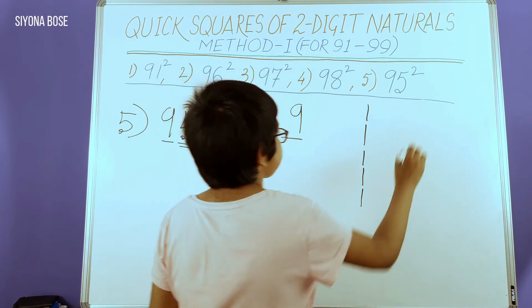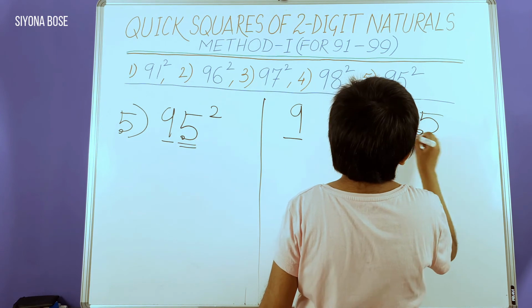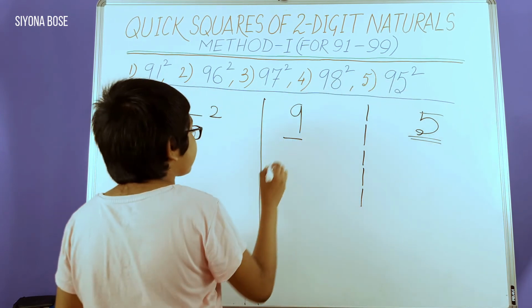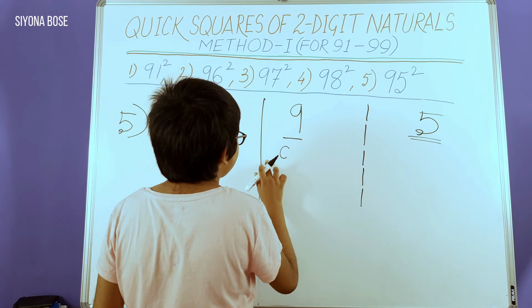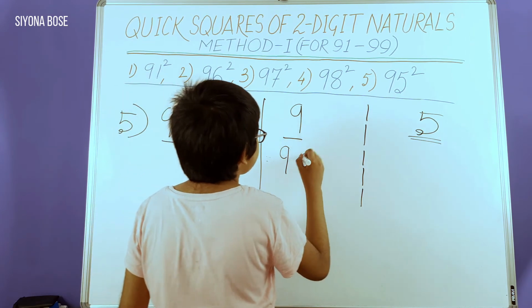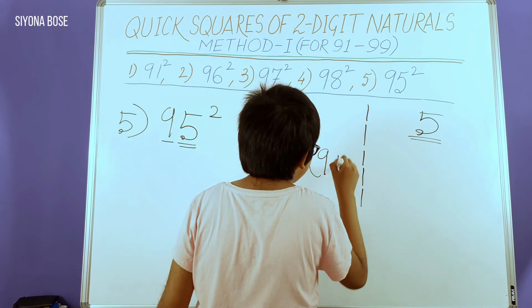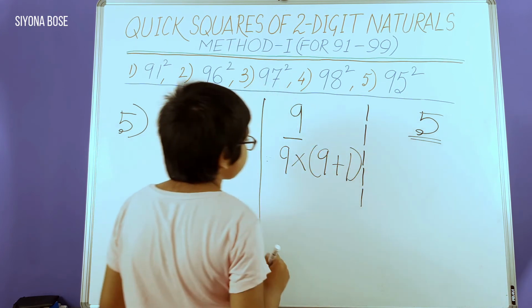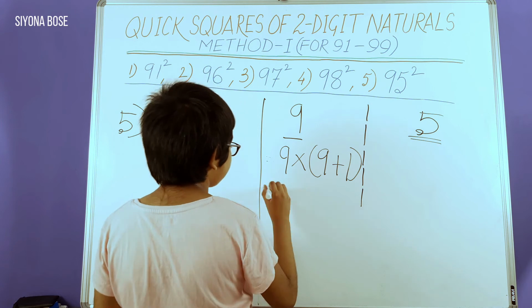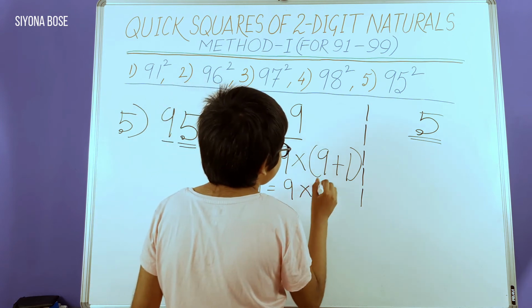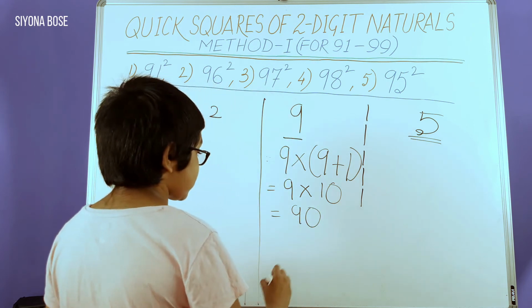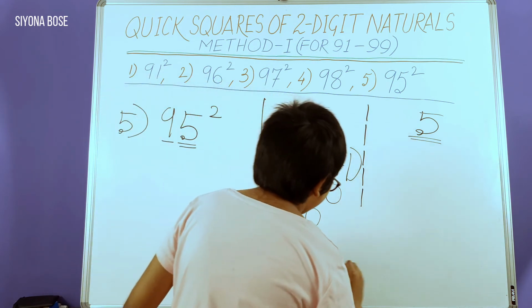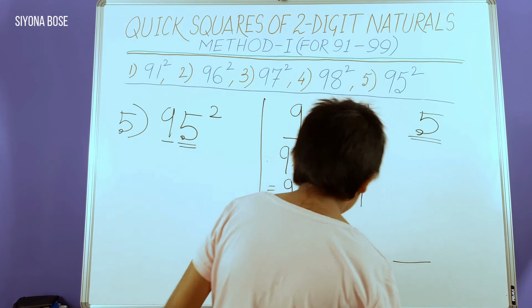I'm separating it because they're 2 different processes. Here, I need to do 9 into its consecutive number, 9 plus 1. 9 into 9 plus 1 equals 9 into 10, 90. And since it's 4 digits, I need to write the 4 dashes.